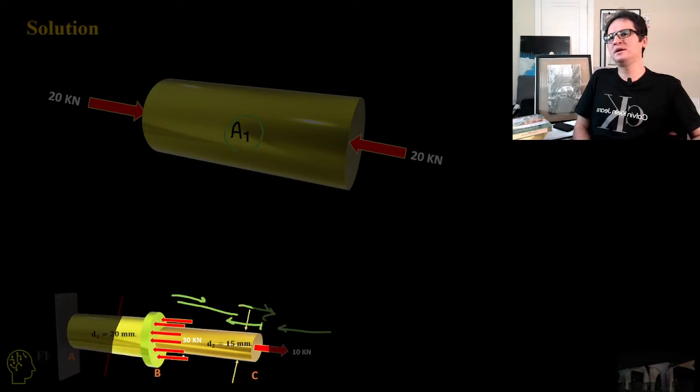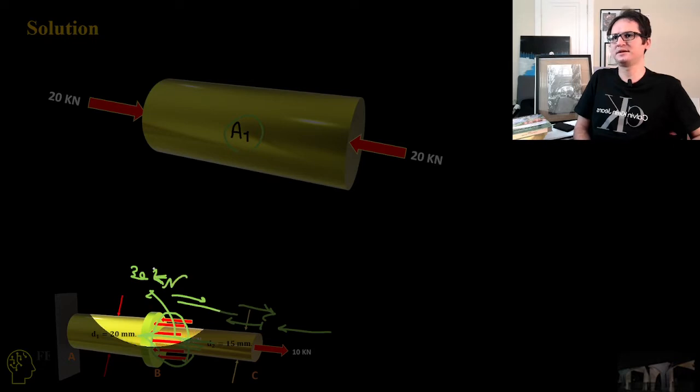Then we translate the distributed force, which gives a force of 30 kilonewton, so we can replace all of it with a concentrated force of 30 kilonewton. So there is a pull of 10 and a push of 30.